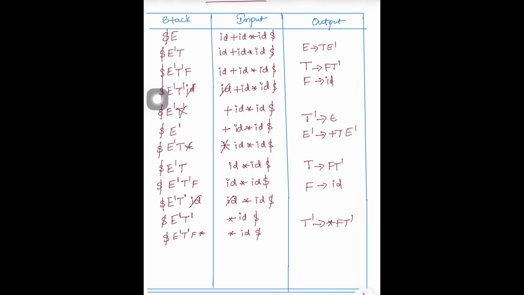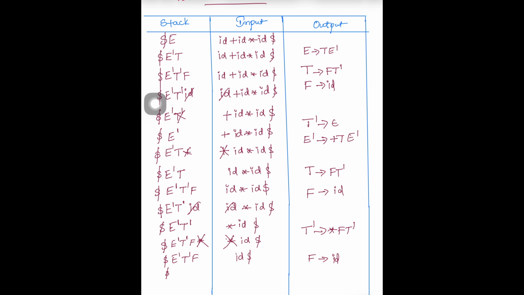Here star is common and we eliminate it. Again our stack will become dollar E prime T prime F and input is ID dollar. So the top is F and the input is ID. We apply F produces ID.